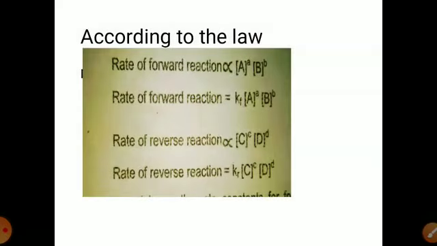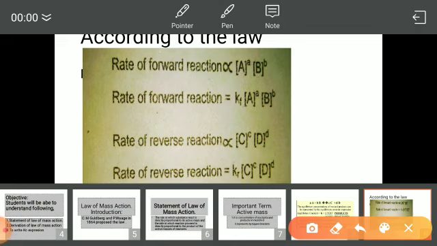According to the law, what does the law say? Rate of forward reaction is directly proportional to the reactants A and B. And this proportionality sign is changed to Kf.